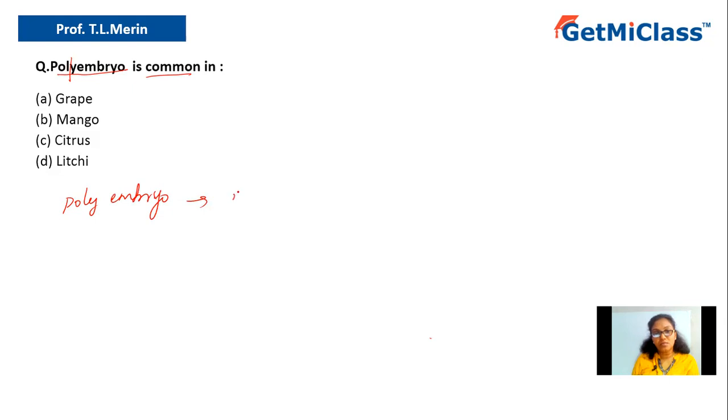More than one embryo is called polyembryo. The formation of more than one embryo in plants is called polyembryo. It happens even in humans and in some animals. But since the options here are about plants, of course we have to consider plants.